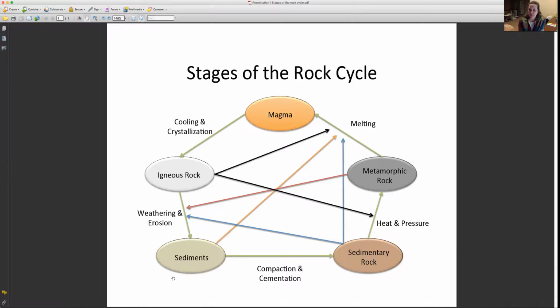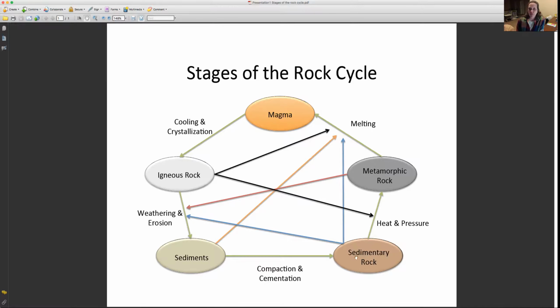stages of rocks. If you take heat and pressure and apply that to sedimentary rocks or igneous rocks, you will make a metamorphic rock. And if all 3 rocks, igneous, metamorphic, and sedimentary, melt, they make magma. Now, when magma cools and crystallizes, it makes igneous.